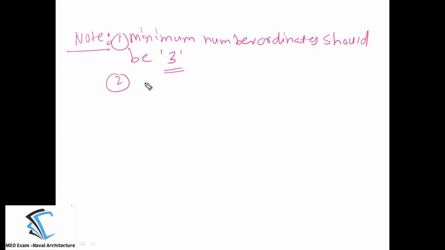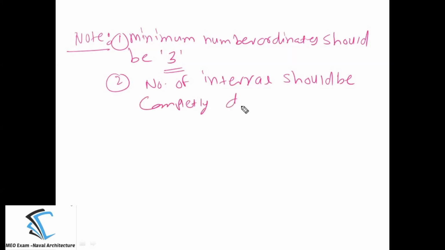And second one is number of intervals should be completely divisible by 2. So what is the meaning of this?